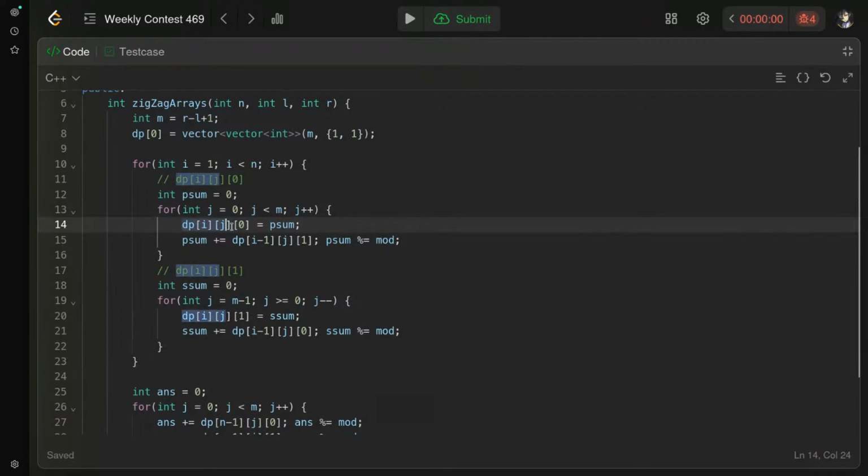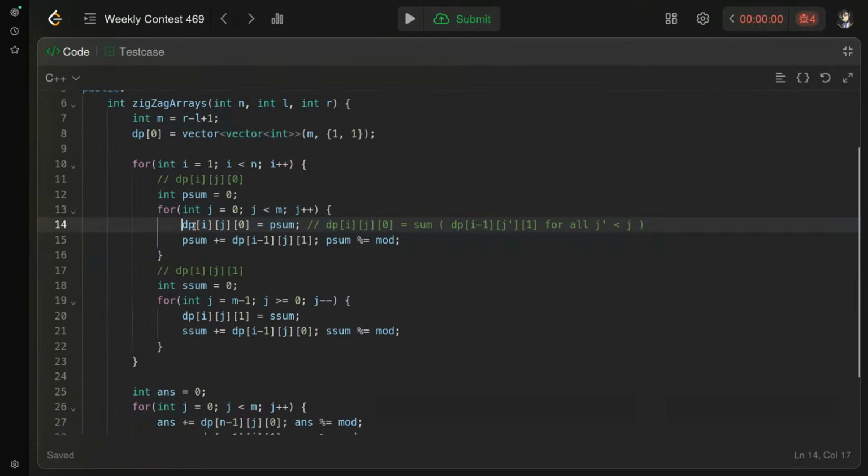So basically, every DP of i, j, 0 is the sum of DP of i minus 1, j dash, 1 for all j dash less than j. So for all the values which are smaller than j, we are summing up the dp of i minus 1 values, right? So that's all this line is doing.